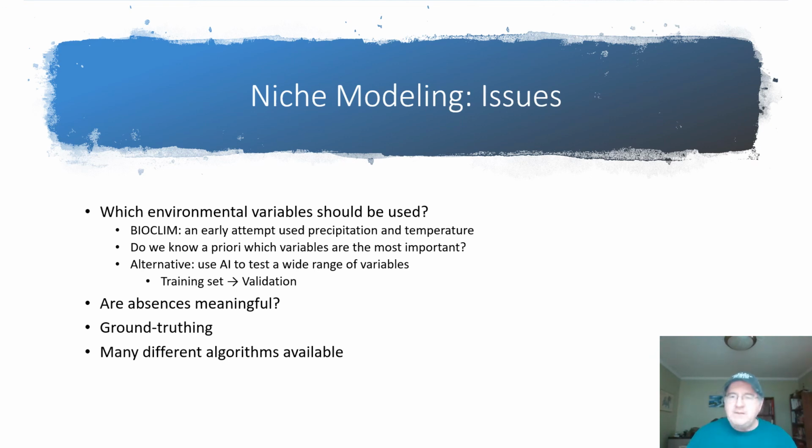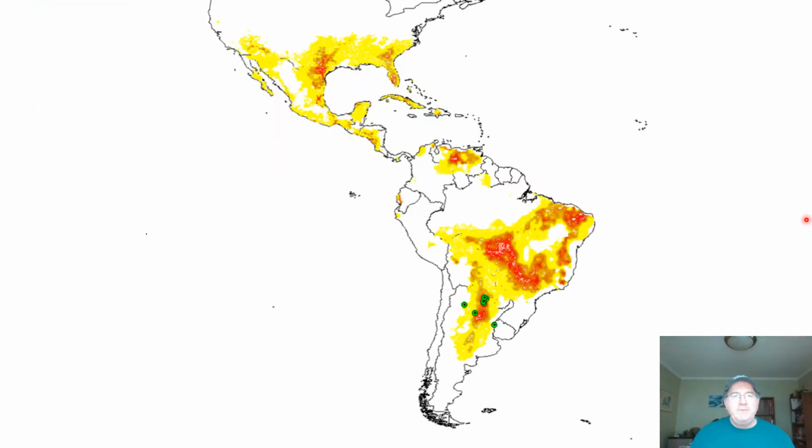So let's go to the next slide here. People use these ecological niche models for a variety of purposes. I've seen papers where they're looking at rare species that might be thought to exist in just a small pocket of area, and you want to know, well, where are there other areas where the same species might exist?